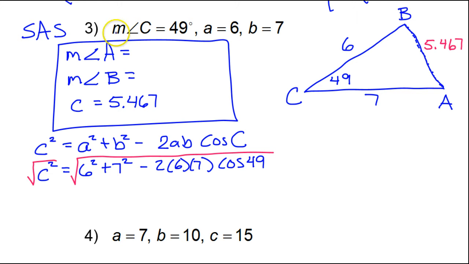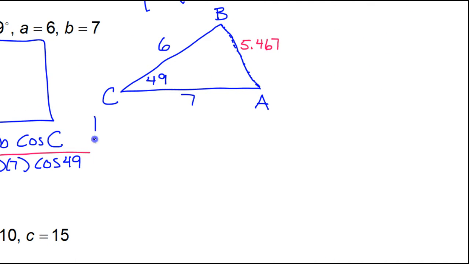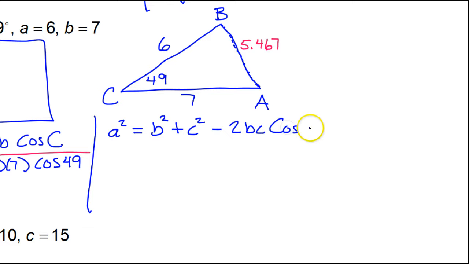Now we can start finding the angles. Might as well find the measure of angle A. Since I am looking for angle A, I need the version of the law of cosines that involves angle A. So I'm going to start off with a squared. a squared is equal to b squared plus c squared minus 2bc cosine of angle A. So we have a, b, and c now.